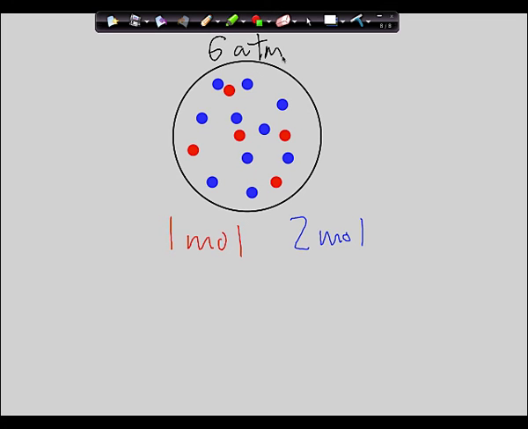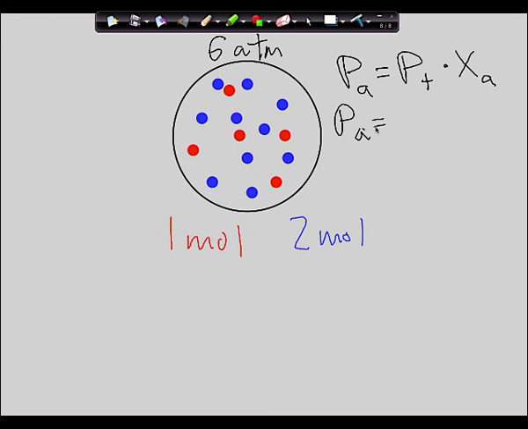And we've already talked about the concept that actually leads to this equation that we're sharing now. So here's what it says: the pressure of A is equal to the pressure total times X sub A. So watch what happens. What is the pressure of A? Well, that's what we're solving for.